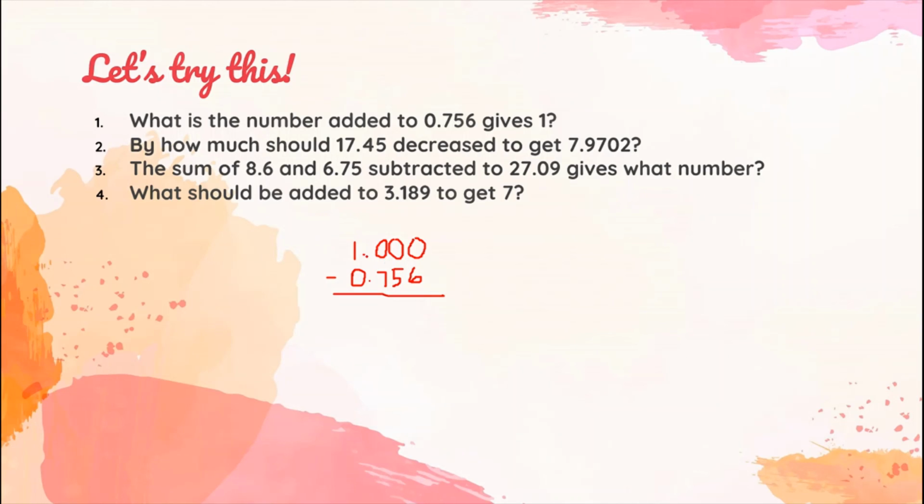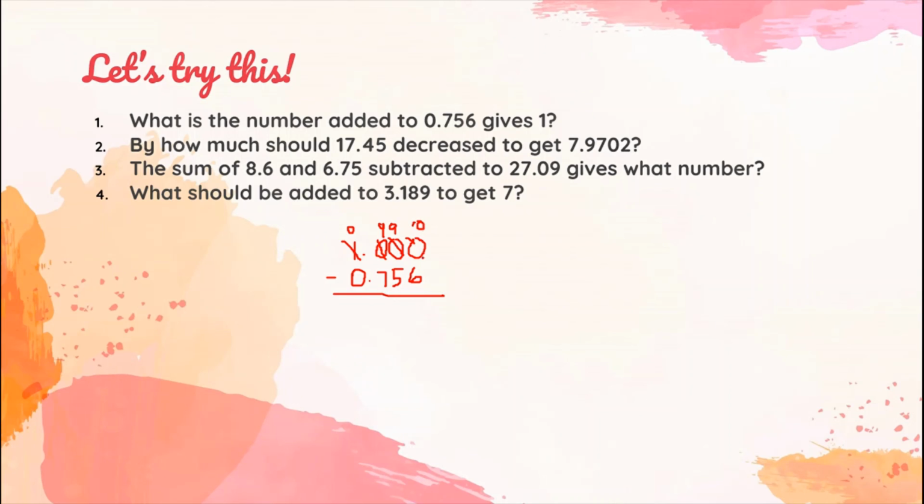Since we are subtracting, we really need to affix 0 on the top. Now since the decimal point is aligned, we can continue subtracting. We cannot subtract 6 from 0, therefore we need to borrow: borrow from 0, borrow from 0, borrow from 1. 1 will become 0, 0 here will become 9, 0 here will become 9, and the last 0 will become 10.